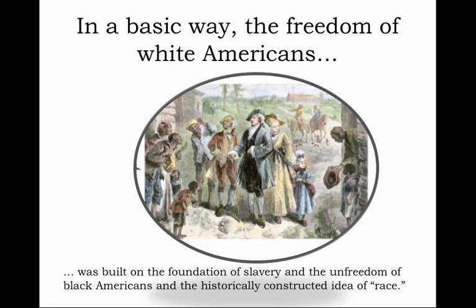And it was that ironic tragedy that allowed free whites so much freedom as to enshrine it in the very constitutional expressions of the later days.